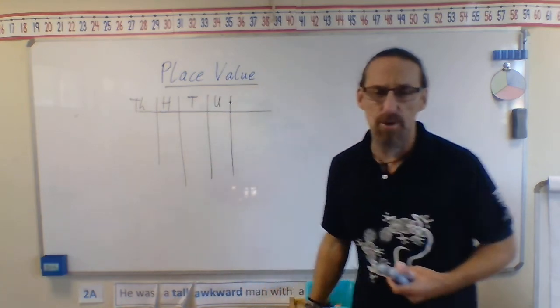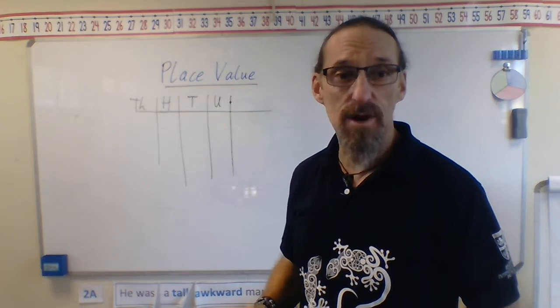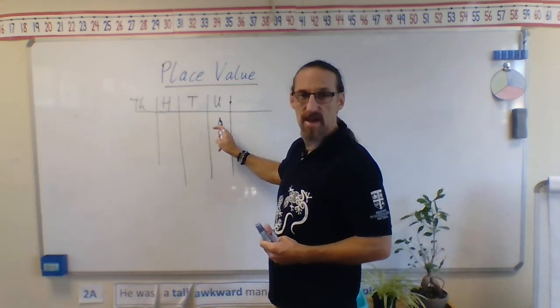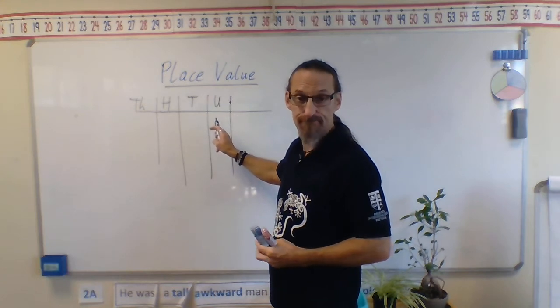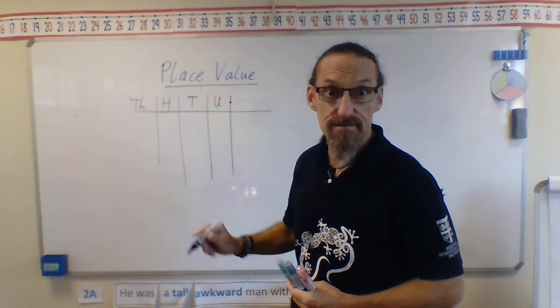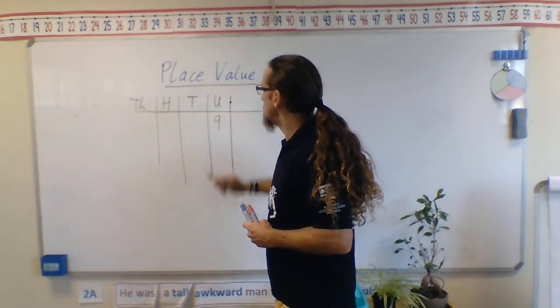Now my question to you at this point is, how many items can I put in any one column? What's the maximum number of items I can put in a column? I'm hoping that you were thinking 9. I can only put 9 items into any of those columns.